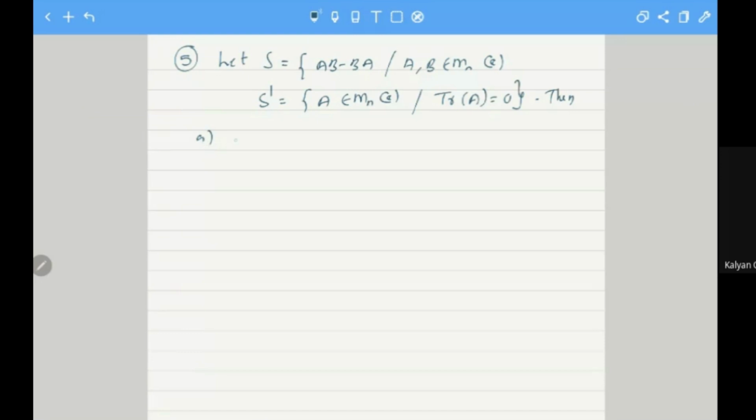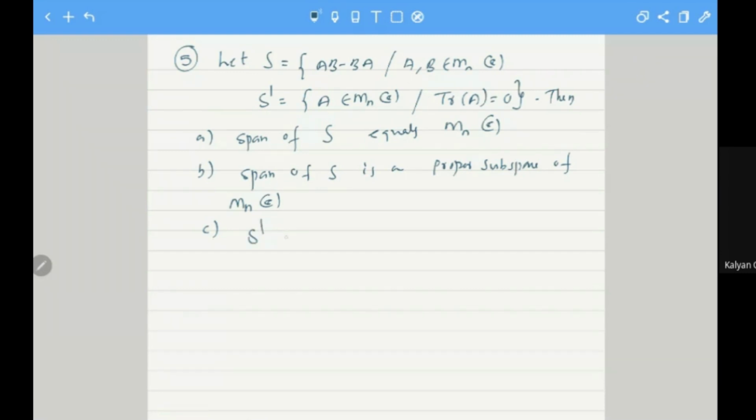Then option A, span of S equals M_n(C). Option B, span of S is a proper subspace of M_n(C). Option C, S prime is a proper subspace of M_n(C). Option D, dimension of S prime equal to n square minus 1.